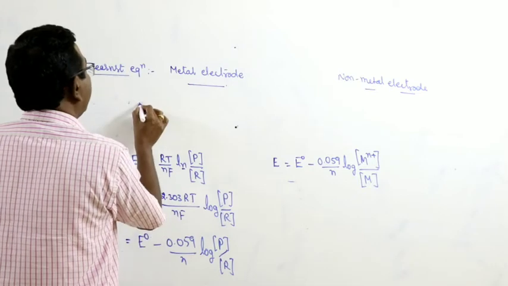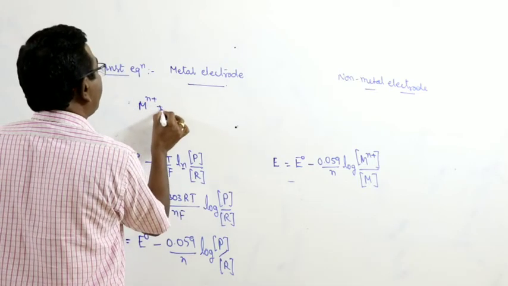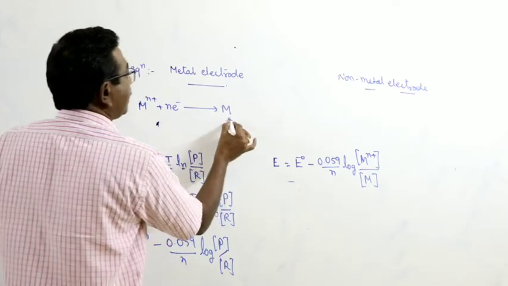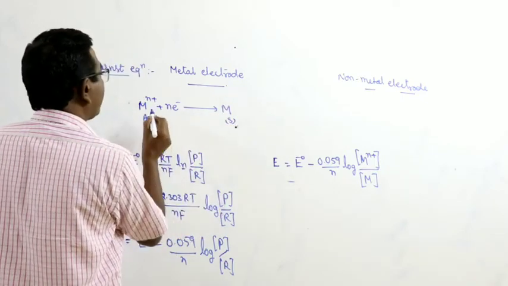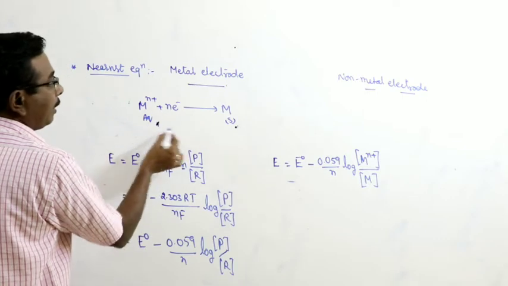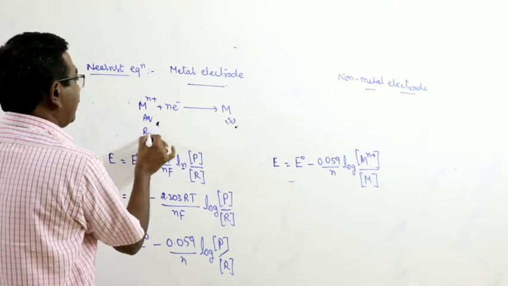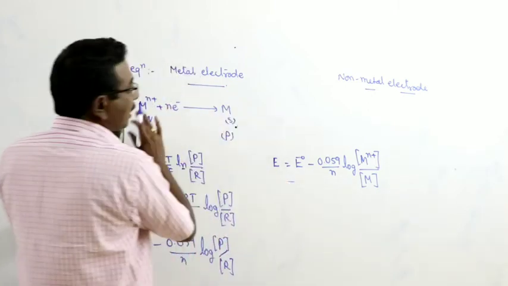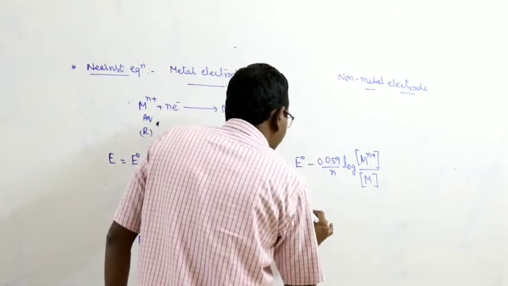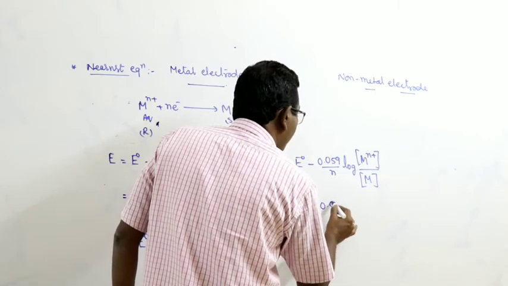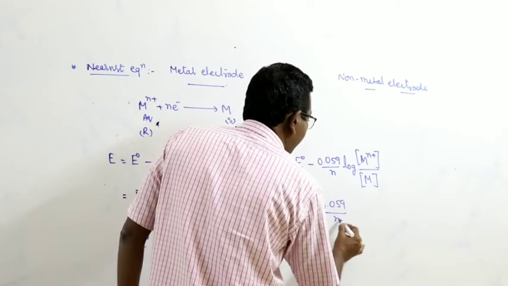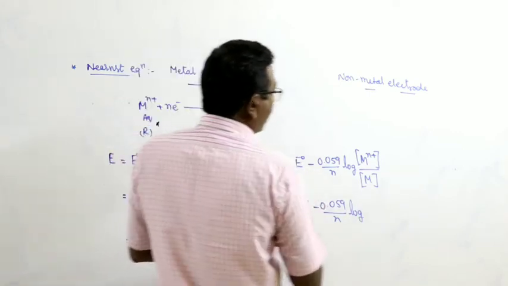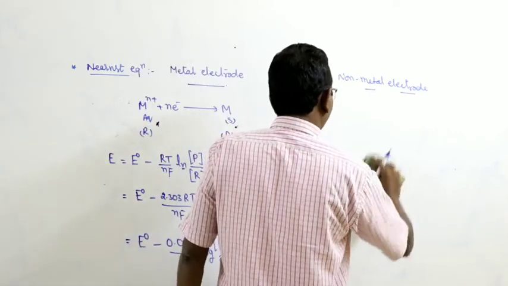M^n+ plus n moles of electrons gives rise to M. Here M is solid and M^n+ is in aqueous solution. This is the reactant and this is the product. By substituting these values in the expression, E naught minus 0.059 by n into log concentration of product. Here the product and reactant are changed.